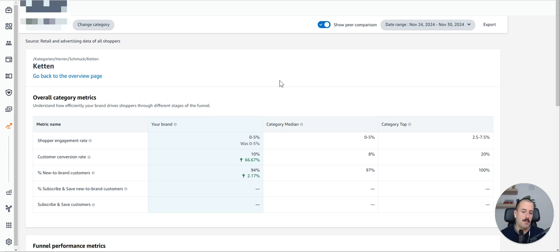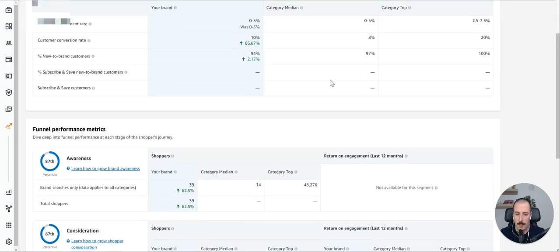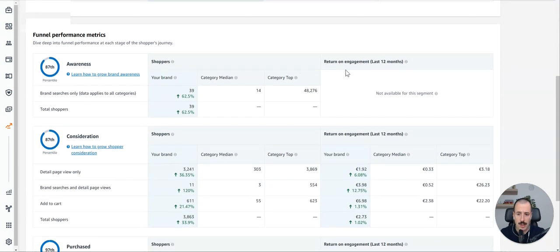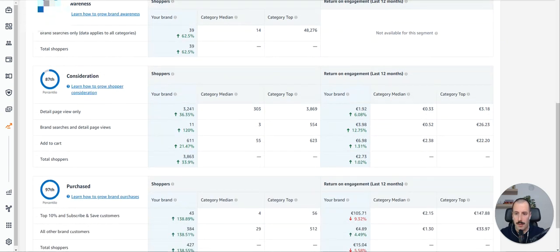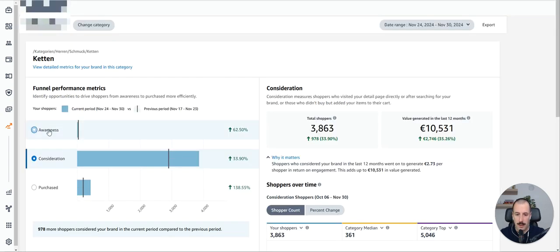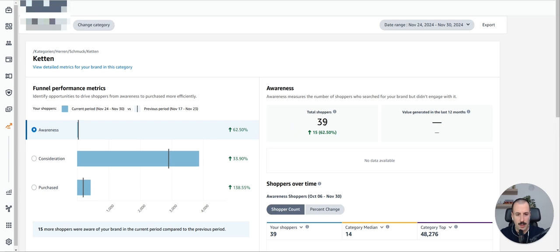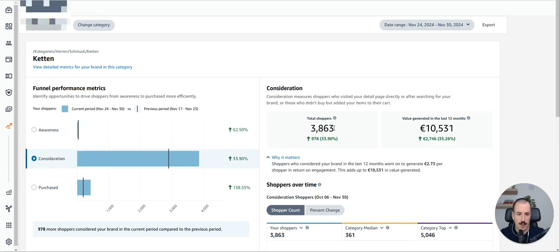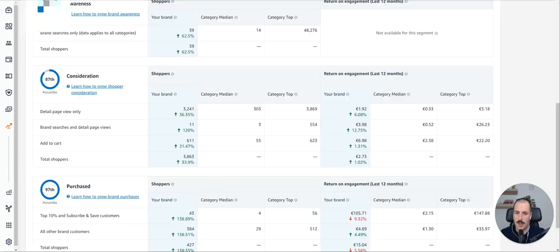That will definitely give you much better information than I can give you in this short video. Further down the page, you can see every part of the funnel in detail. Compared to what we had in the awareness stage, we saw 39 shoppers, and in consideration we saw 3,863.